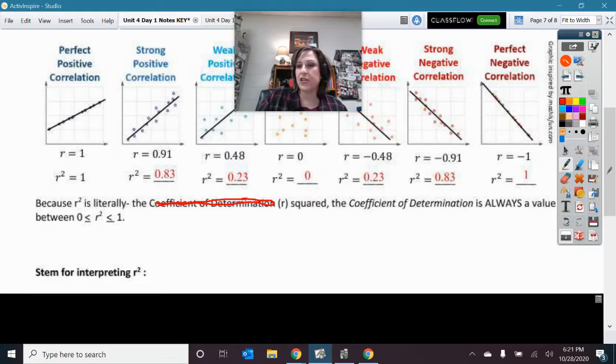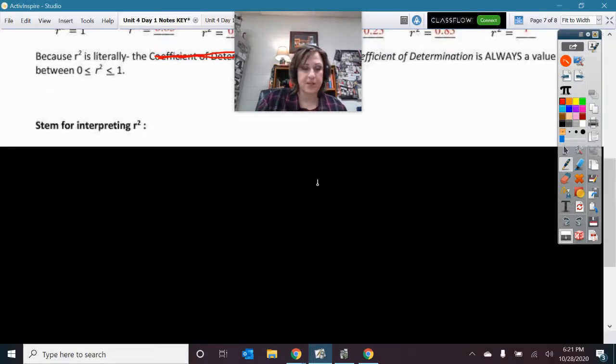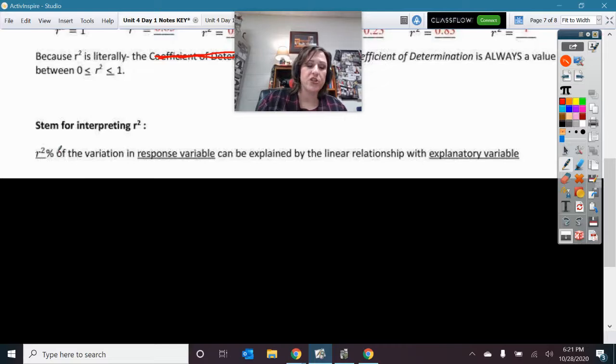So here's an idea of how to do its interpretation. R squared is the percent of fluctuation in the y variable, the variation in the y variable, that can be explained by the linear relationship between the two items.